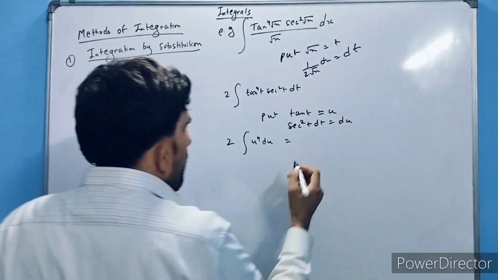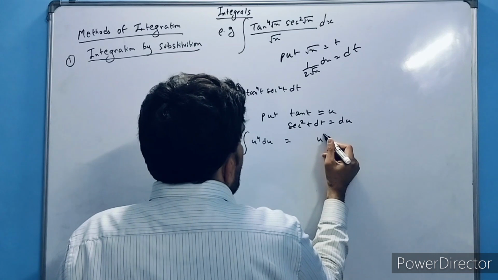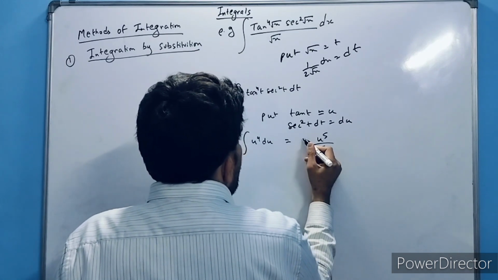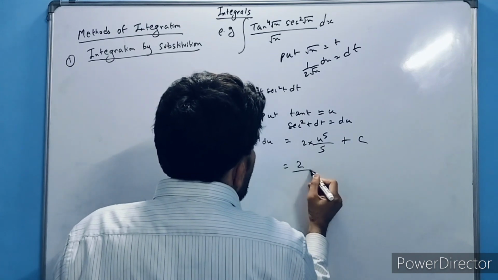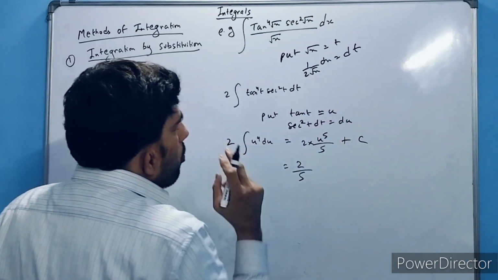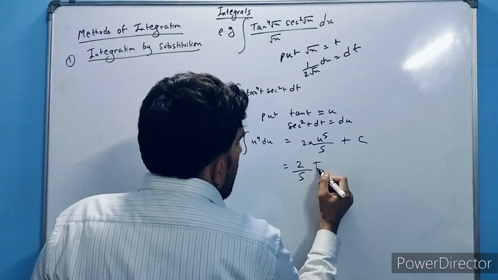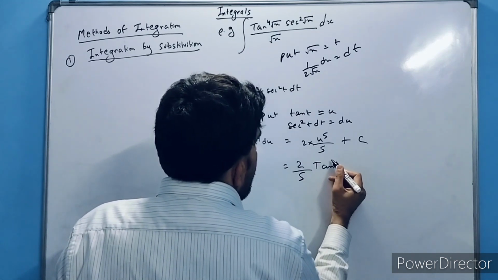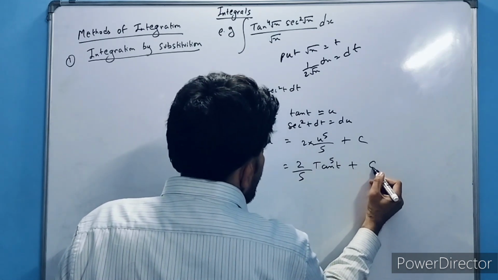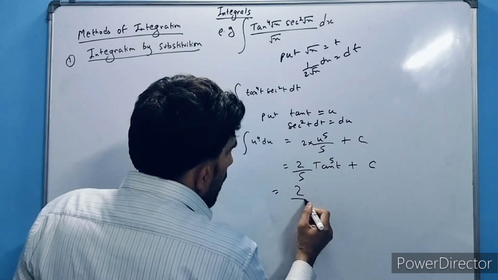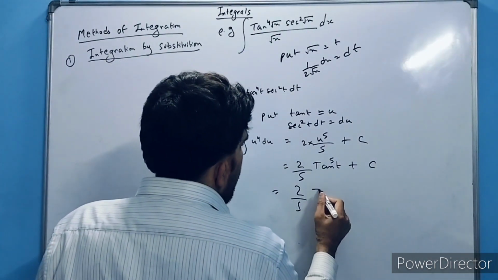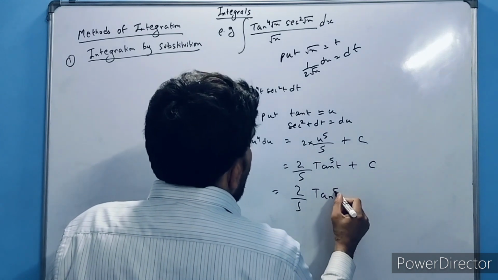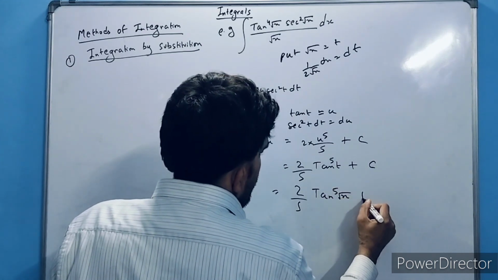Now what I will get here is u to the power 5 upon 5 into 2, plus c. So now 2 upon 5. What is u? I have taken tan t, plus c. Now what is the value of t here? So I will get 2 upon 5 into tan to the power 5 root x, plus c.